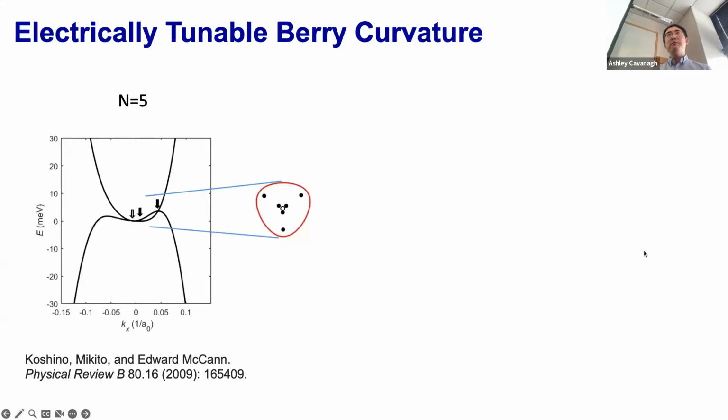And why do I mention topology? Well, the Dirac point of graphene is some kind of topological object, right? It carries Berry curvature and Berry phase. Monolayer graphene has a Berry phase of pi, but 5-layer graphene has a total Berry phase of 5 pi. And that's what happens when you have zero band gap.